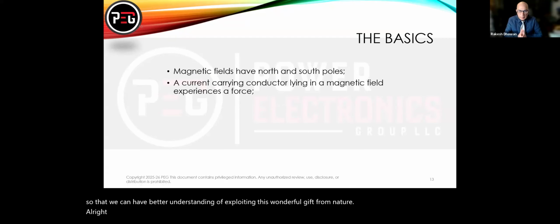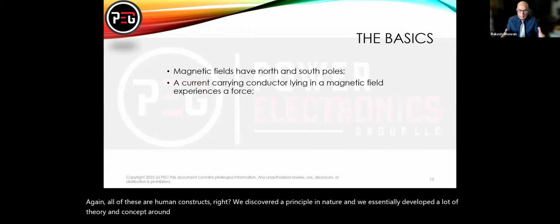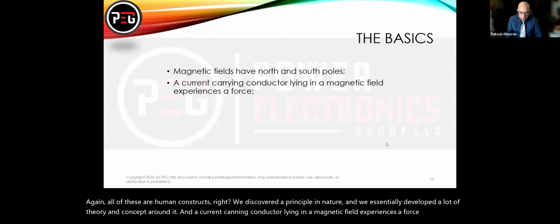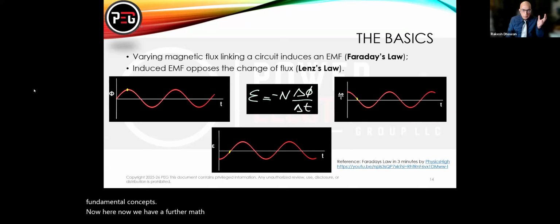So we also discovered that magnetic fields have a North and a South Pole. Again, all of these are human constructs, right? We discovered a principle in nature and we developed a lot of theory and concepts around it. And a current-carrying conductor lying in a magnetic field experiences a force, right? Very fundamental concepts. Now we have further math to talk about how these lines of flux interact, right?